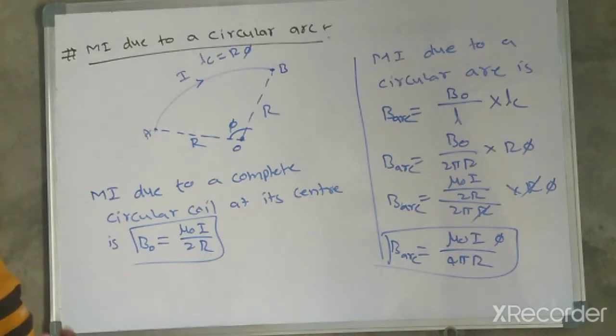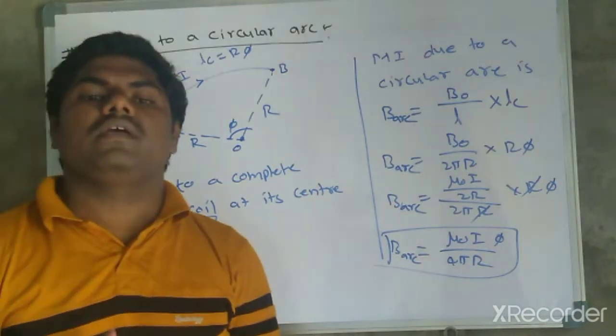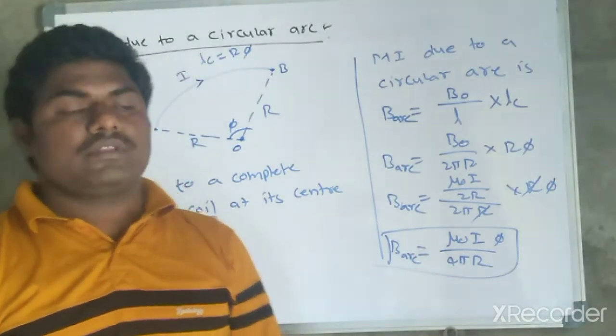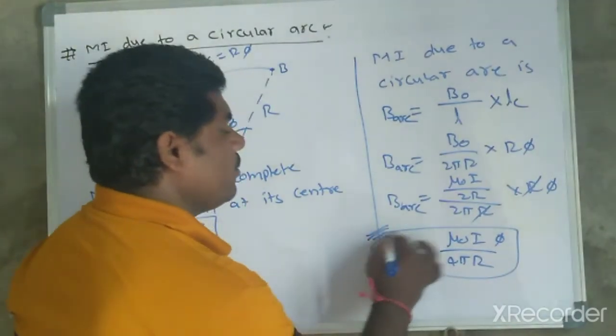If n number of turns is there, you may multiply this value by n. This is also very important while doing numerical problems.